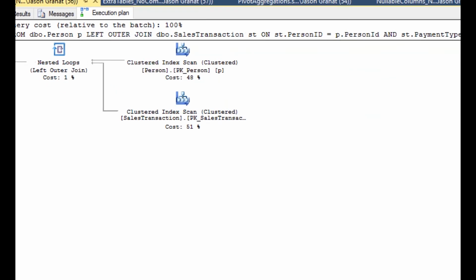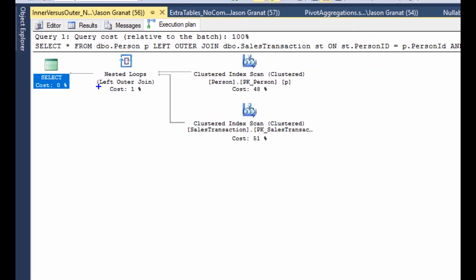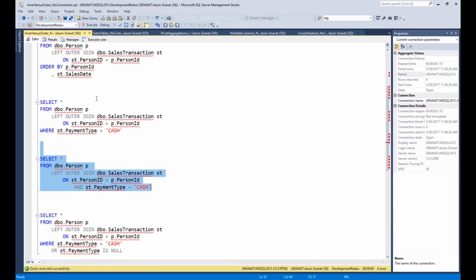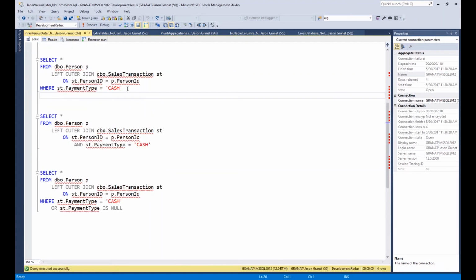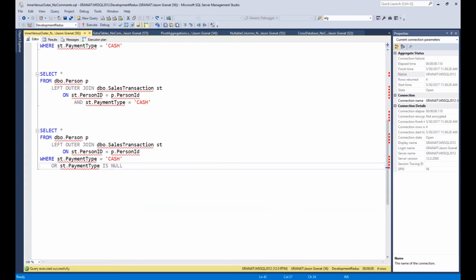If we look at the execution plan for this, you can see that the engine did respect our idea that we wanted a left outer join there and not necessarily an inner join. So if we wanted that same result set, where I had cash transactions or no transactions, and wanted to write that the same way with my left outer and the where clause, I would just say where my payment type is cash or my payment type is null.